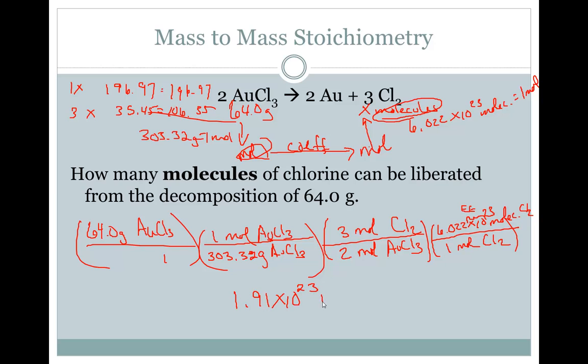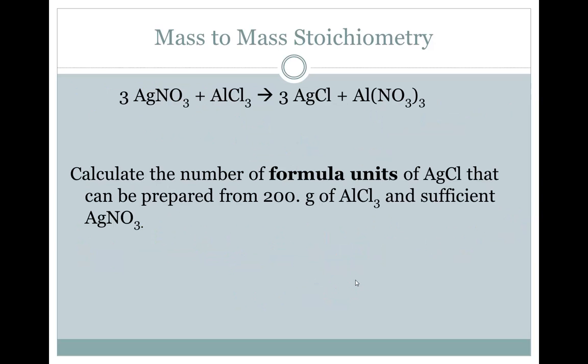Calculate the number of formula units of AgCl that can be prepared from 200 grams, notice the decimal again, of AlCl3. We're going from one compound to another. Moles are the end caps. So to get to moles, we need to figure out the molar mass of AlCl3, which we have in the past in previous slides.